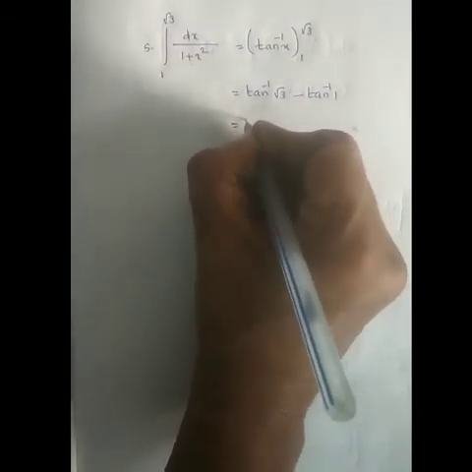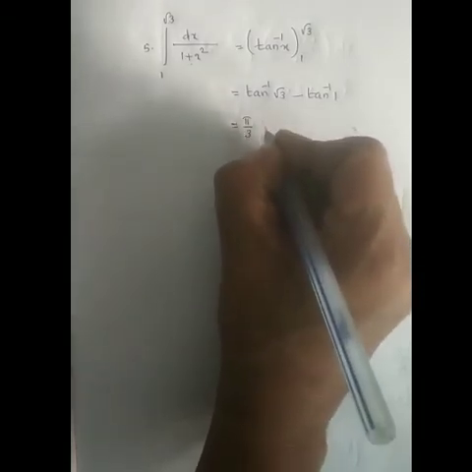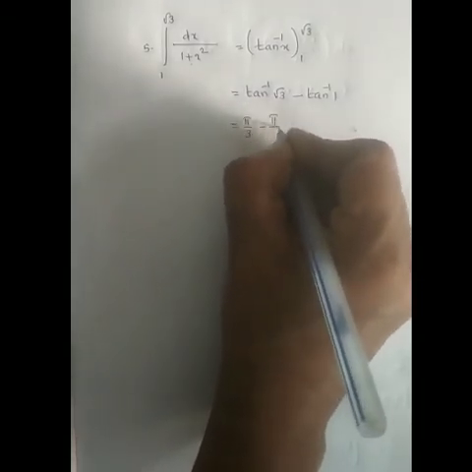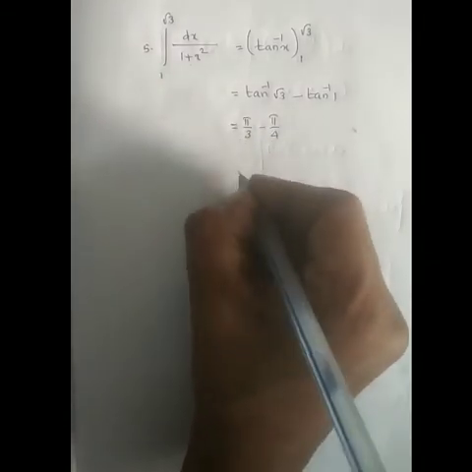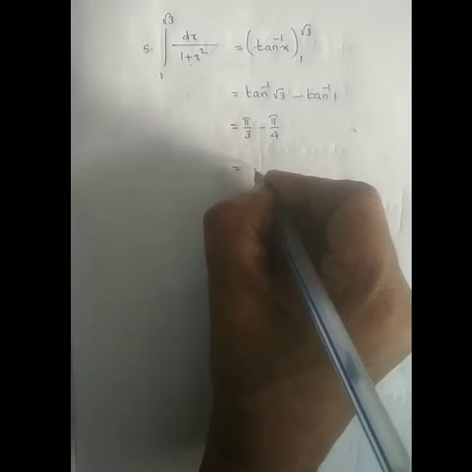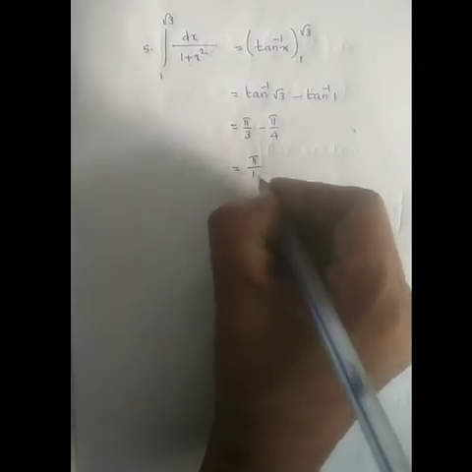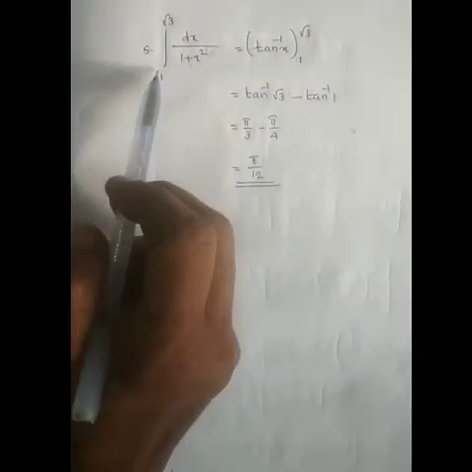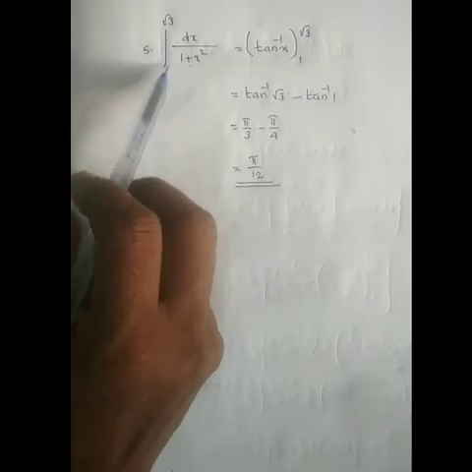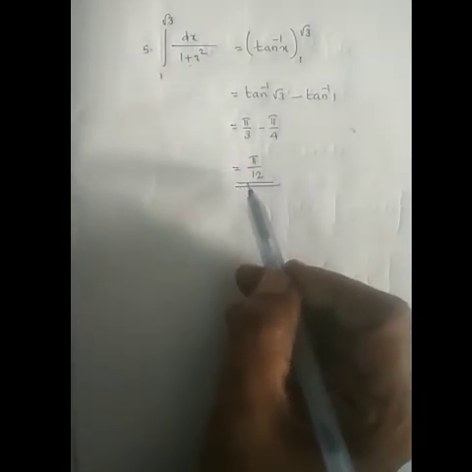It is pi by 3, and tan inverse 1 is pi by 4. Answer is pi by 3 minus pi by 4, or taking LCM, the answer is pi by 12. So integral 1 to root 3 dx divided by 1 plus x square is pi by 12.